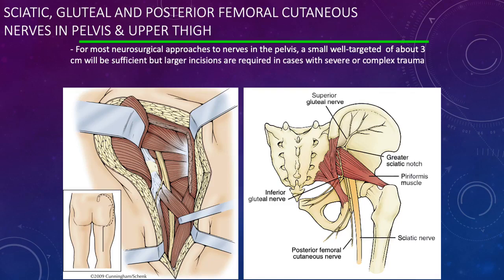Now, although, as mentioned above, there are many very small targeted approaches that can be used to reach particular locations of entrapment of the sciatic nerve, and I also have advocated using a small approach into the area of the piriformis muscle and then mobilizing tissues internally to track the sciatic nerve for more distal nerve releases, and similarly for the posterior femorocutaneous nerve. Nonetheless, these nerve elements may be subject to major complex trauma, such as an injury that crushes the pelvis.